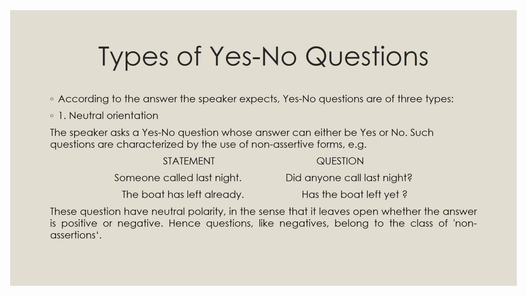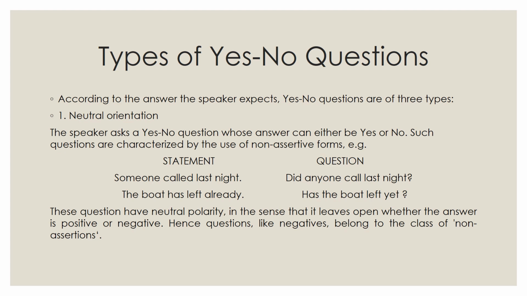A yes/no question which has a neutral orientation means that the speaker is only asking to get an answer. He does not expect a limited or a specific answer. Is it clear? He does not know whether the answer is going to be yes or no. That's why we call it what? Neutral. So here the speaker asks a yes/no question whose answer can be either yes or no.